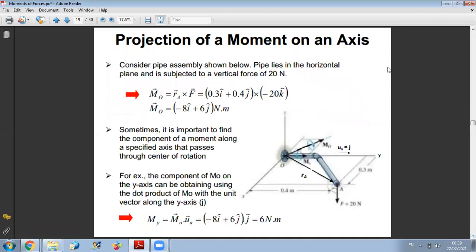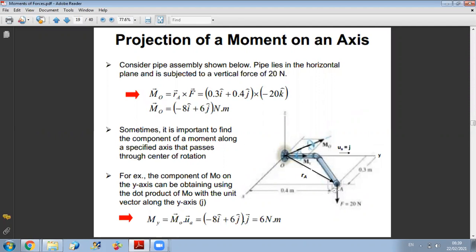Now, how to project a vector moment on a certain axis. So we will learn here how to find the moment about any axis we want. Okay. So if we consider a pipe, and the pipe lies in the horizontal plane and it's subjected to a vertical force of 20 Newton.